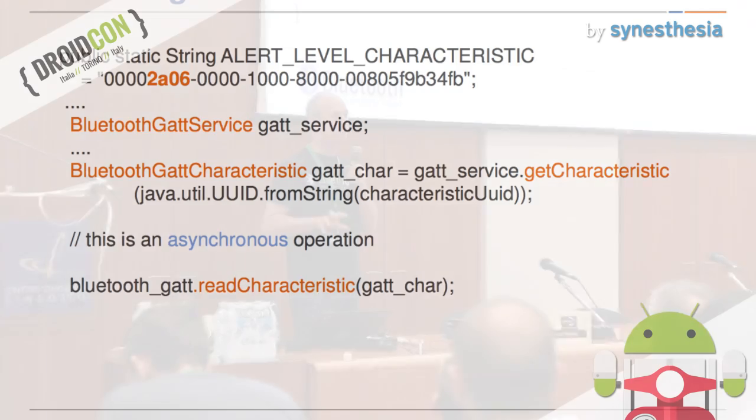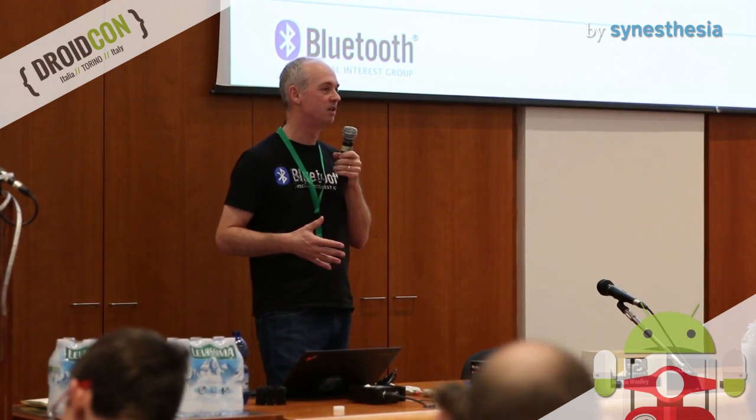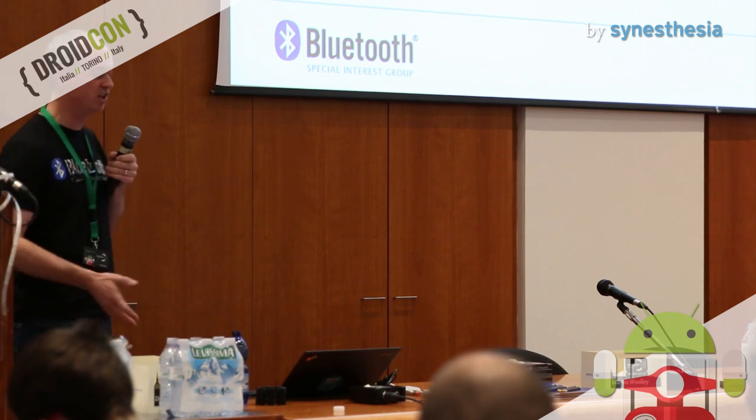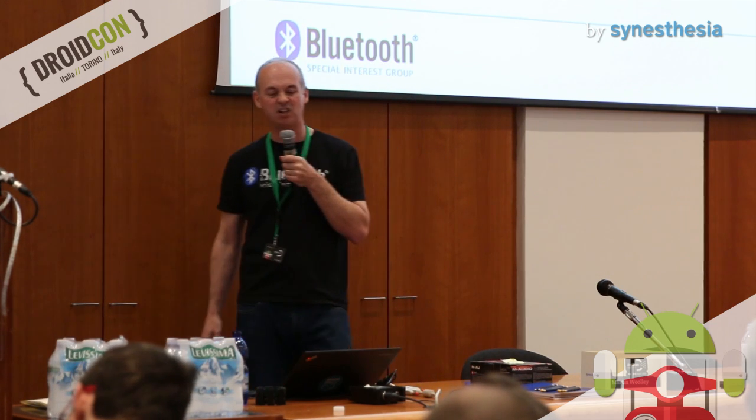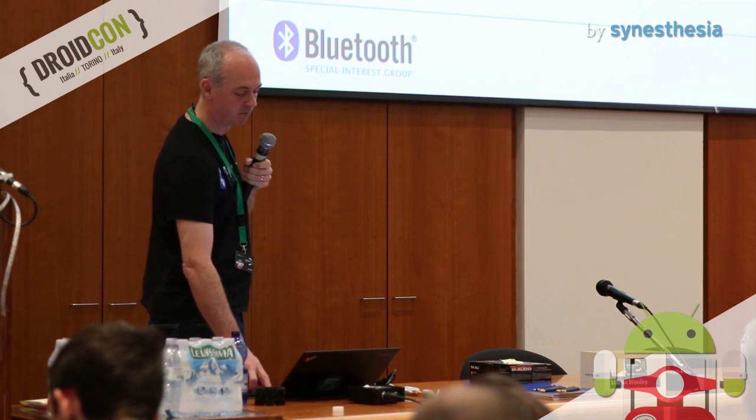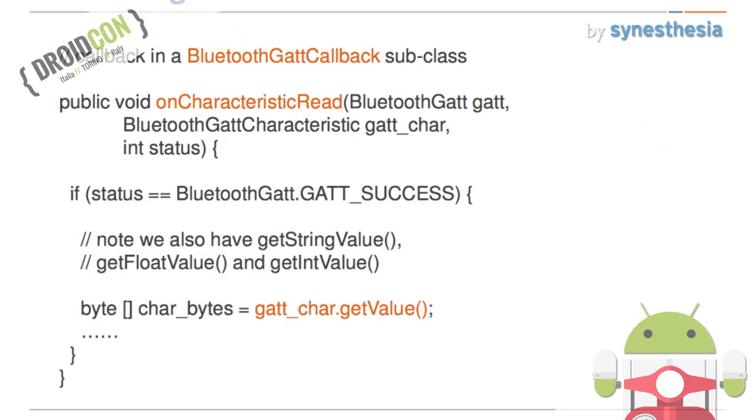And then I have a variety of getter methods, which I'm going to use according to my expected type that the value of that characteristic has. So you can see there I'm using get value. On my slide, that just gives me a byte array, and I can do whatever I want with it then, but I have things like get string value, get int value, and so on. So it's pretty straightforward. Read characteristic, get callback, use a getter. But behind the scenes, lots of magic is happening.